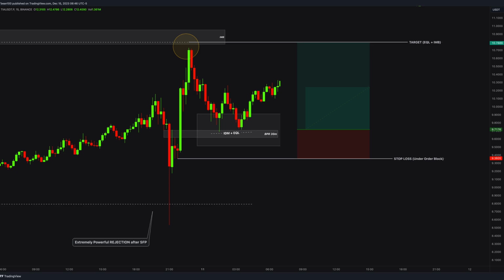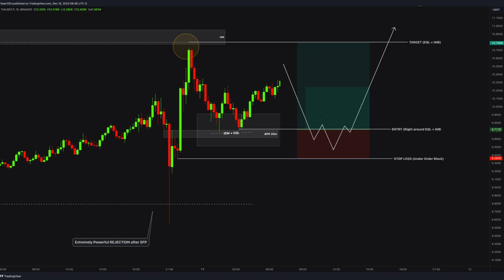My target is already set, equal highs and imbalance above. My entry limit order would be just aligning with this equal lows, the inducement area, because I expect the price to come down, take the fill, and go up. But all these are just possibilities. The price can already fly away from here. We do not know that.